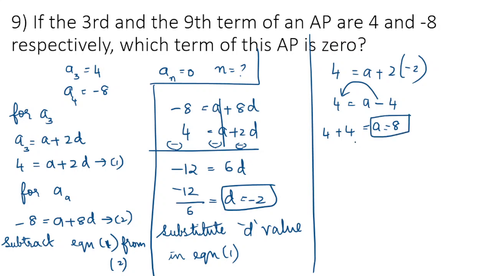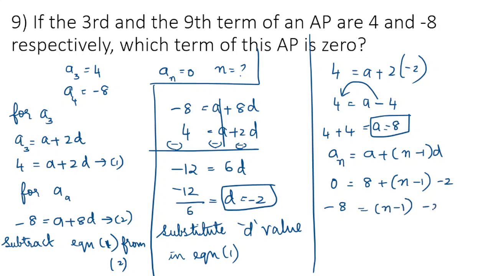Now we need to find out the n value. So we'll write the An formula. An is equal to A plus n minus 1 into D. An is 0 here, A is 8 here, and n minus 1 we don't know. D value is minus 2. So 8 goes that side, so it becomes minus 8 is equal to n minus 1 into minus 2. So minus 2 goes that side, minus 8 by minus 2 is equal to n minus 1.